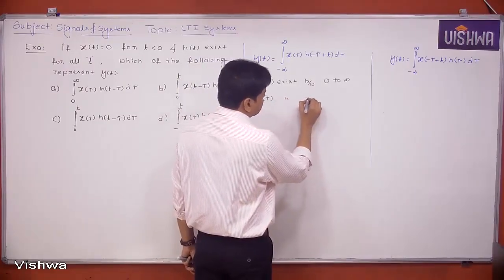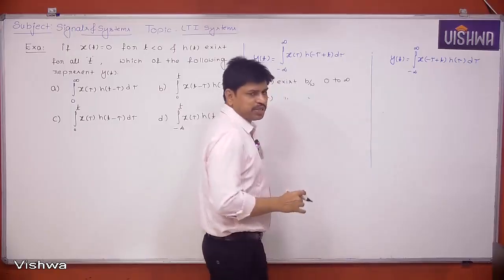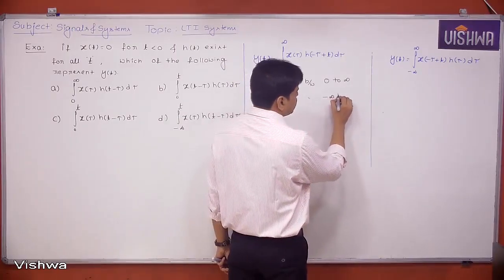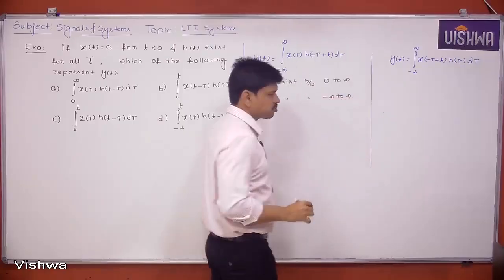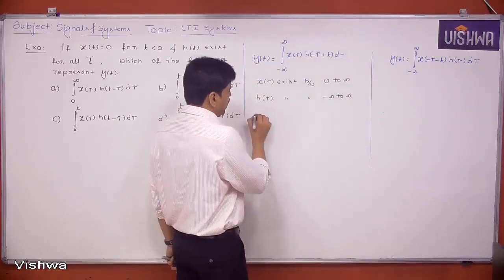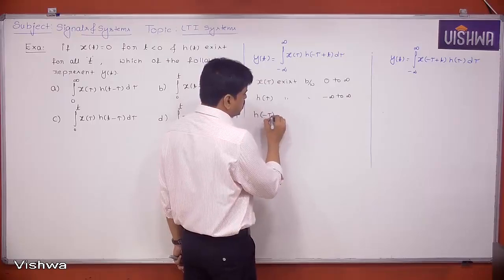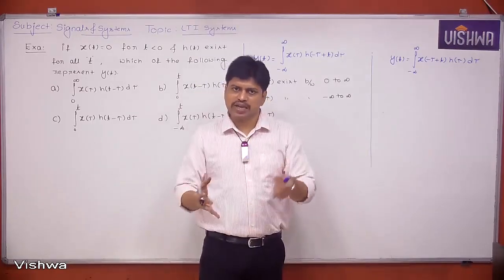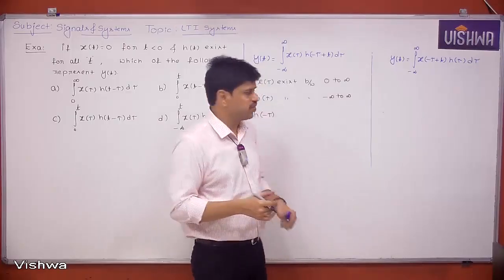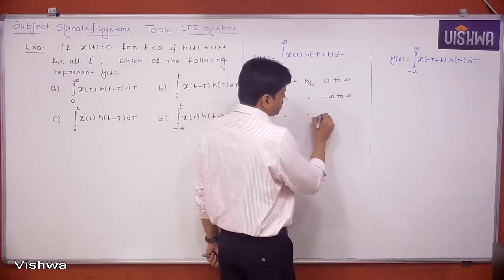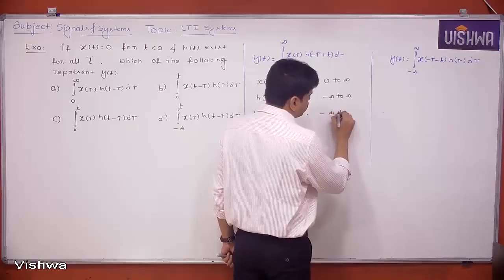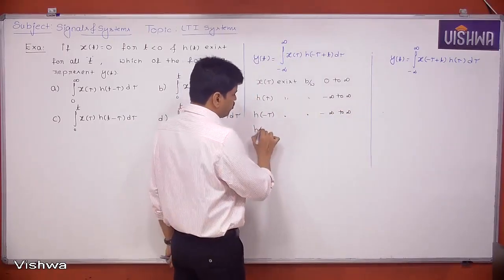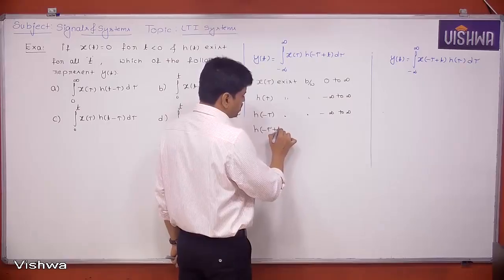It exists for all values of t, from minus infinity to plus infinity. Next, h of minus tau: if a signal exists from minus infinity to plus infinity and you fold it, it again exists between minus infinity and plus infinity. Next, h of minus tau plus t.